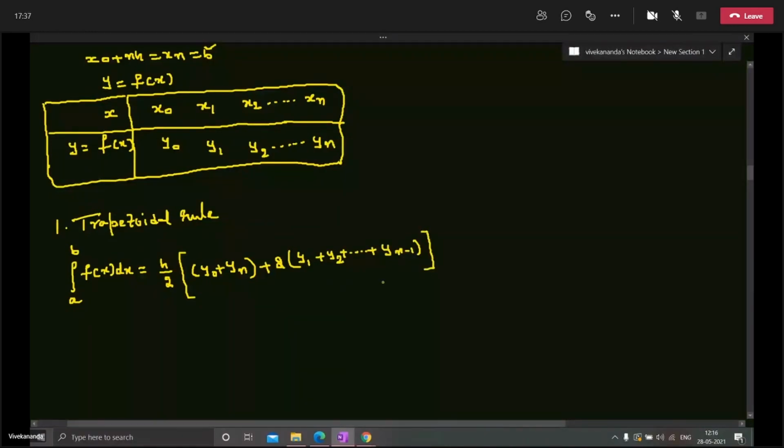Now this is the formula for evaluating integration of f of x dx for the data, right?